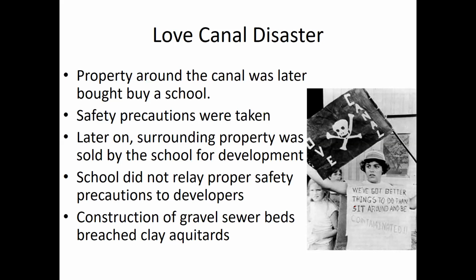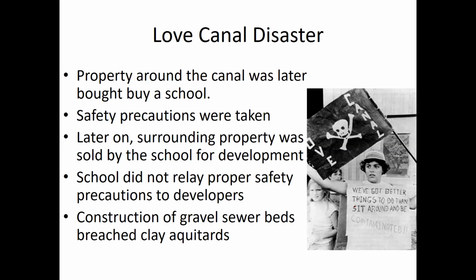As the area was developed and construction companies were building houses and so forth, the aquitards were breached, unfortunately. Because the aquitards were breached, all those chemical toxins were seeping into the groundwater underneath all of these houses, and it was poisoning all the people that lived in these communities around this dump site.